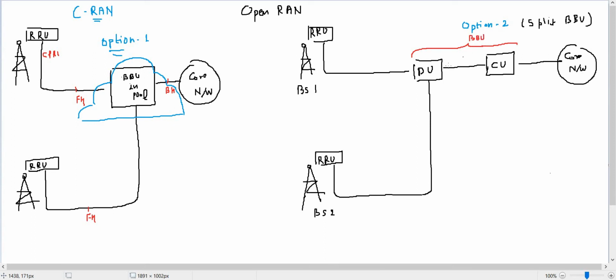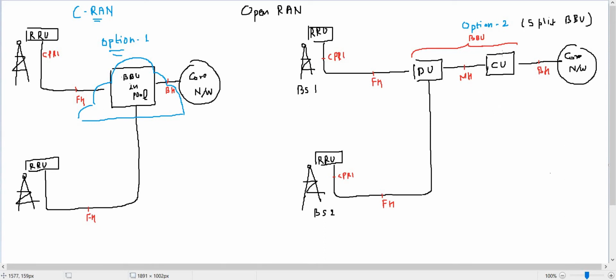So we have split this entity into two entities known as DU and CU. With this split, we have introduced a new interface known as Midhaul, which we can denote with MH. This is your Fronthaul, FH. This is your CPRI cable. And this is your backhaul. So this is option 2.